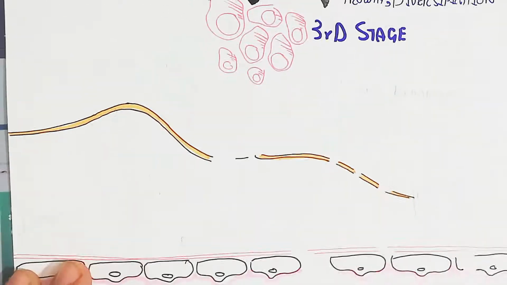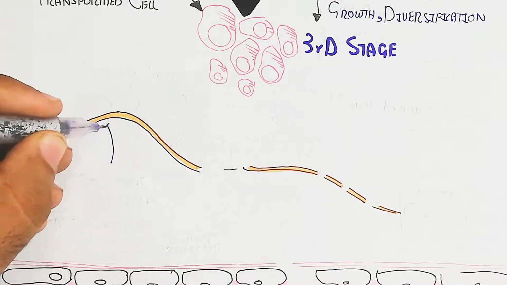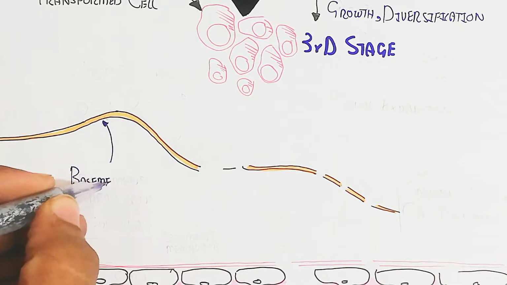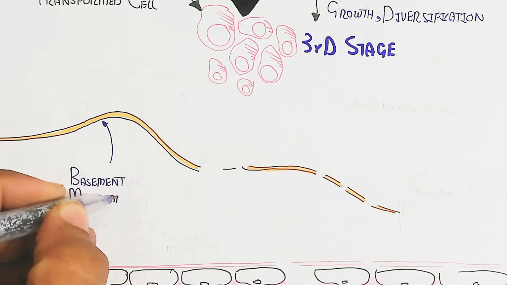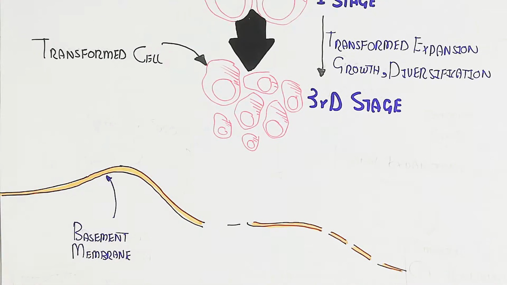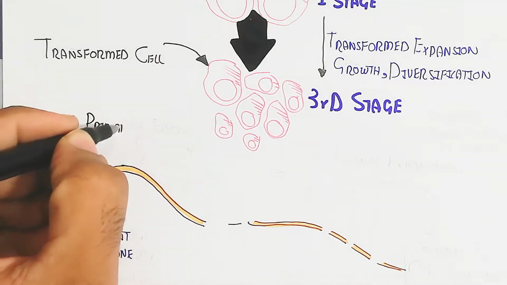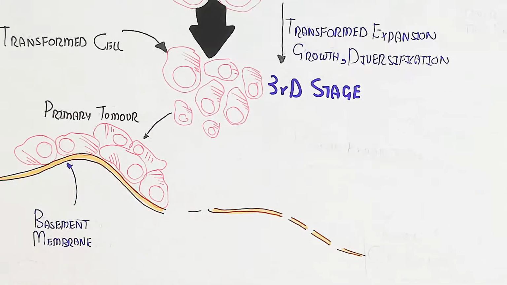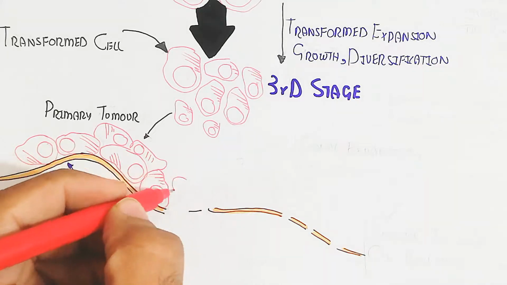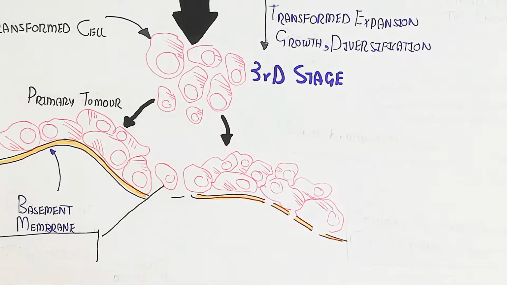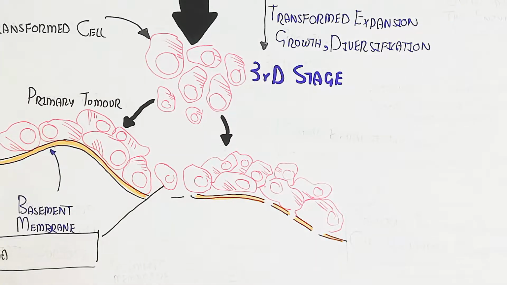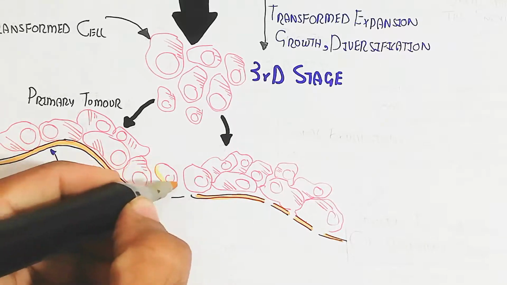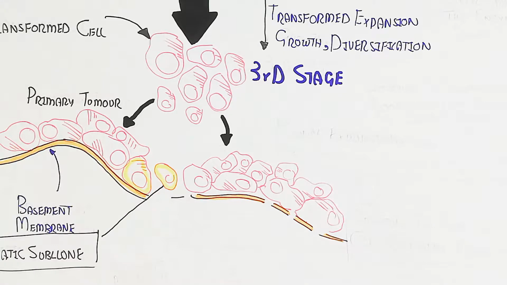Let's begin to understand. This is the basement membrane of the blood circulatory system, and this is the periphery of the blood circulatory system where the somatic cells are present. Remember, there are different types of cancer, but we are just understanding metastasis. This is the basement membrane, and the proliferation and differentiation of the cells will occur in this way.